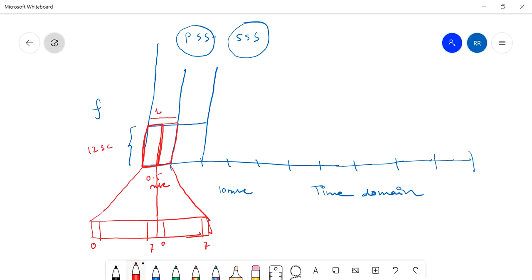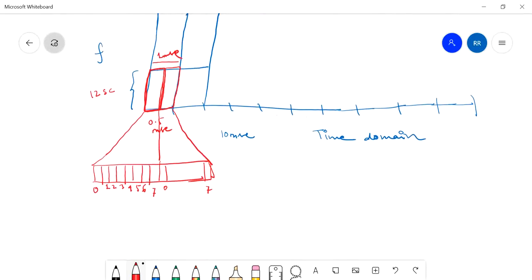This one is 1 millisecond and half is 0.5 millisecond. So in the last 6th and 7th symbol of our resource block, this one is 6, this one is 7.